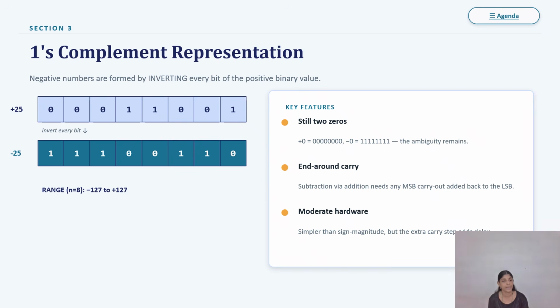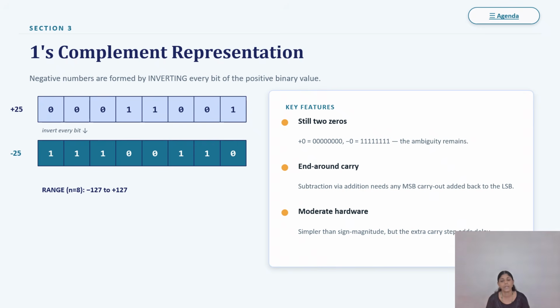For example, take plus 25 or minus 25, you can consider anywhere. How many bits are there? Only 8 bits. If suppose I am getting a ninth bit, do I have a container to place that? No. At that time, we call it an overflow, right?